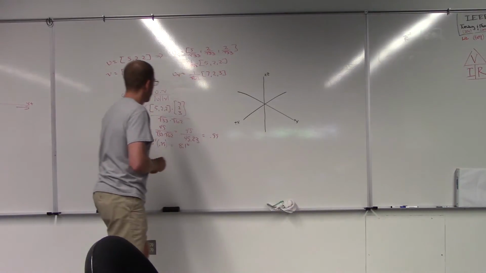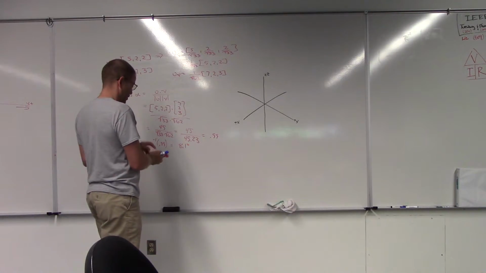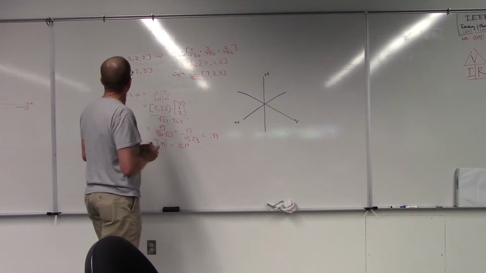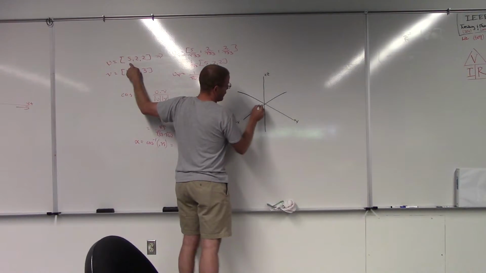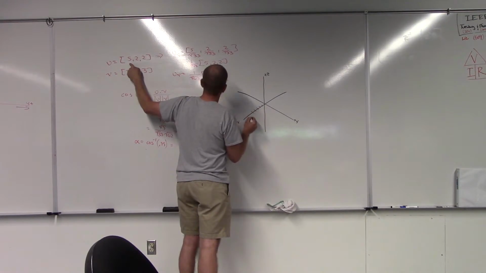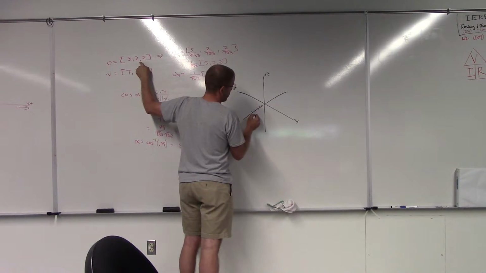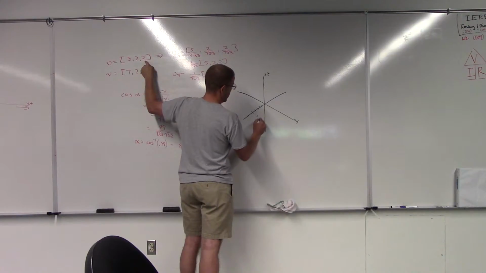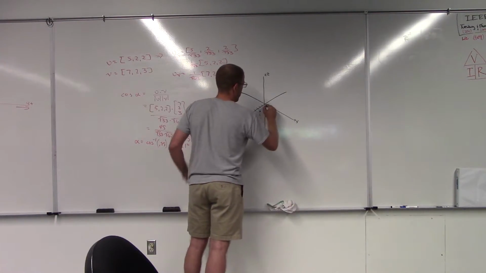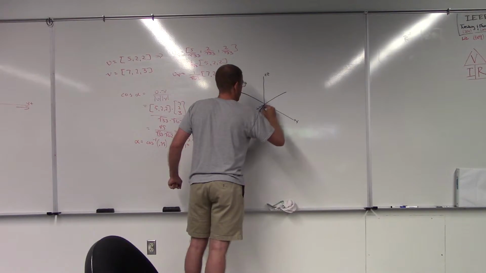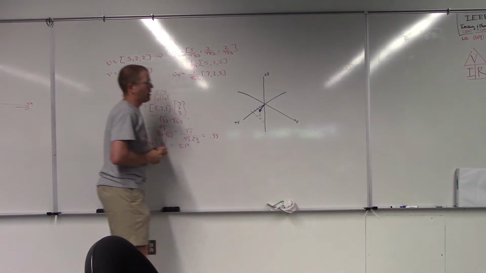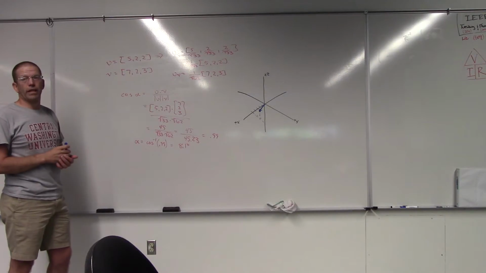For our first vector, we come along the x-axis 5 units, go in the positive y direction 2, and in the positive z direction 3. There's our vector u.